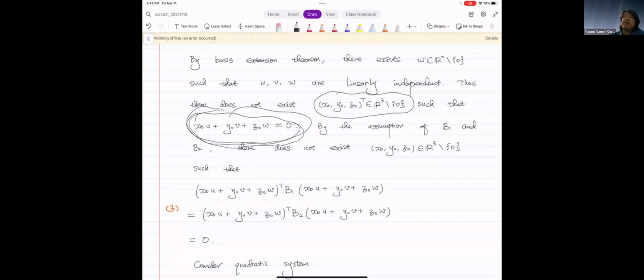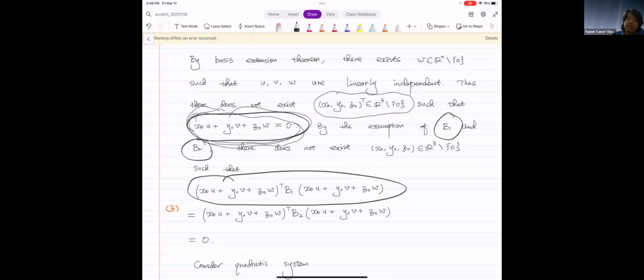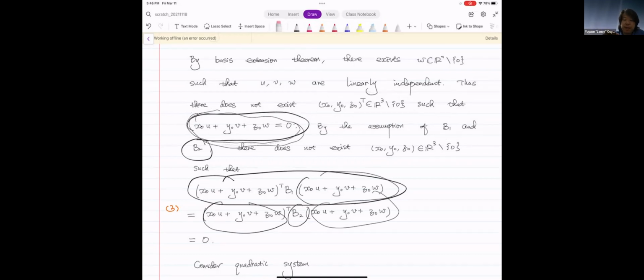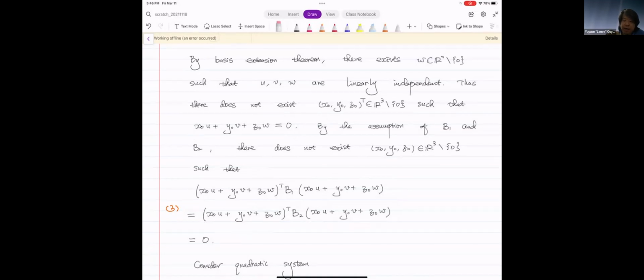The assumption I had for B1 and B2 in the proposition is that as long as my point is non-zero, then there is no way that the vector transpose B1 vector and transpose B2 vector, the 2 quadratic forms, are going to both give me 0. Okay, so this is the assumption of the proposition that I had. The assumption is that there is no way that this is true.